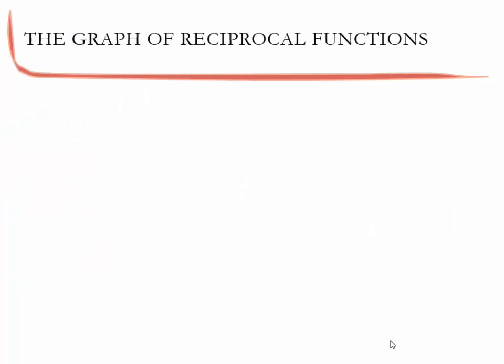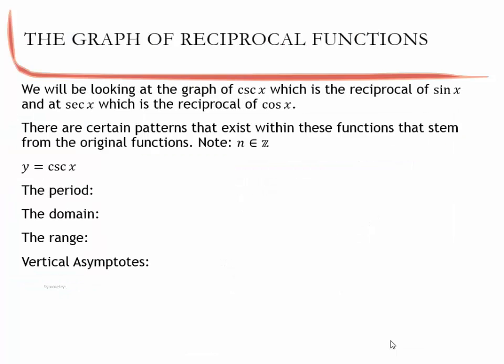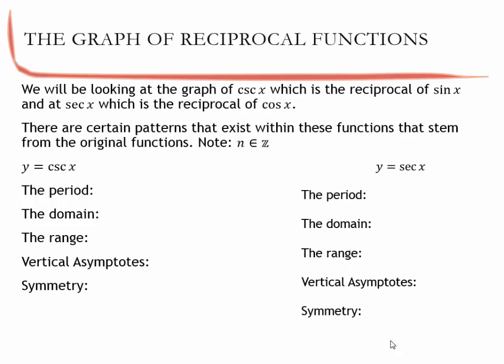And we talked about the idea behind this. Cosecant, if you remember, is 1 over sine of x, and secant is 1 over cosine of x. So they're going to be really close to cosine and sine. I think we graphed it, but we didn't fill in all of these things.